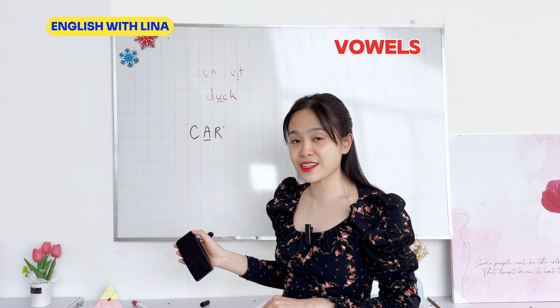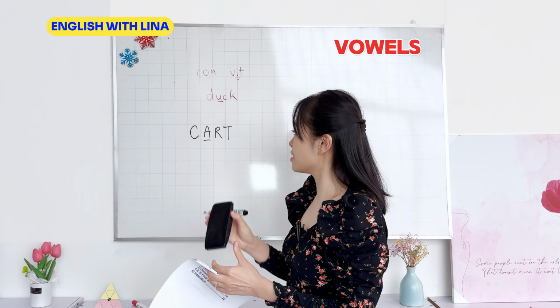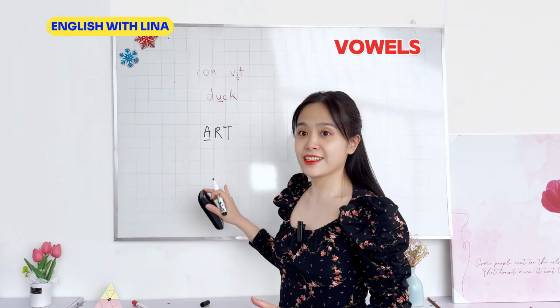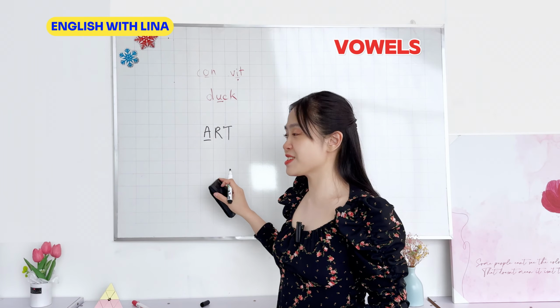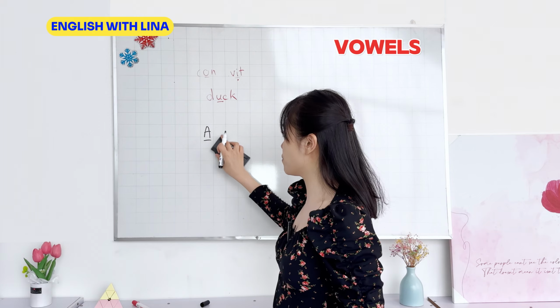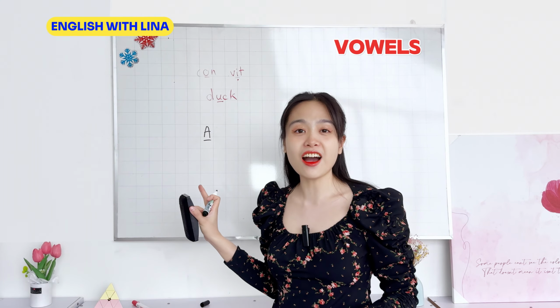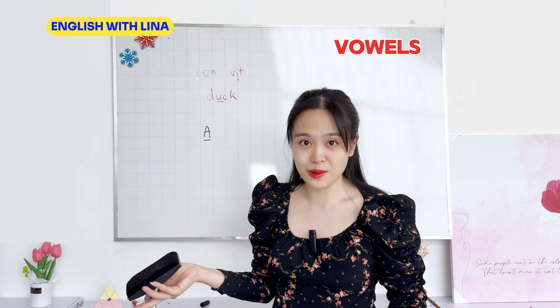Yes, of course. If you remove this letter, art still makes sense, right? Remove this, at, of course, it is a word. Even if we remove T, we have car, right?